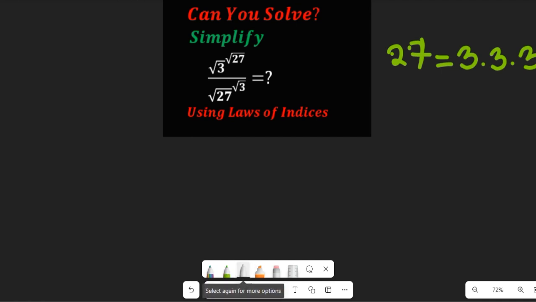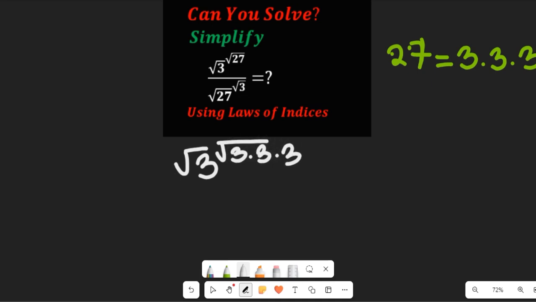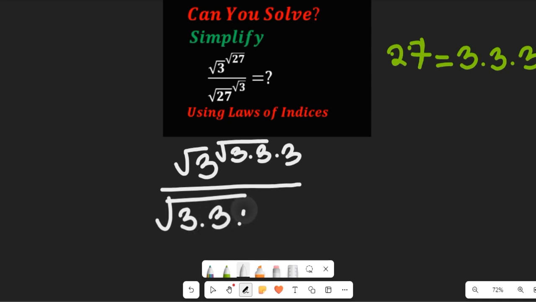So this is going to give me the square root of 3 multiplied by the square root of 3 multiplied by 3 multiplied by 3, and all of these will be equal to the square root of 3 multiplied by 3 multiplied by 3, and all to the power of the square root of 3.